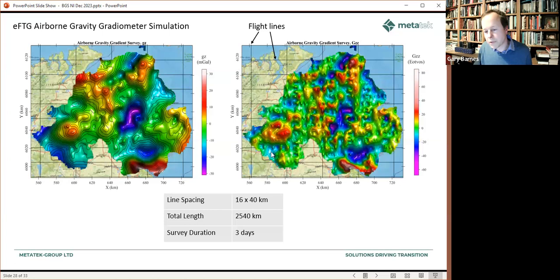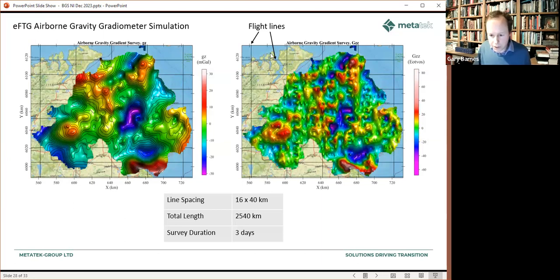But if we look at the gravity gradient map, which is in many ways a high resolution version of the gravity map, we can see we've lost a lot of the trends. The data is just too widely spaced to give a good sampling of the full gravity gradient field of this area.